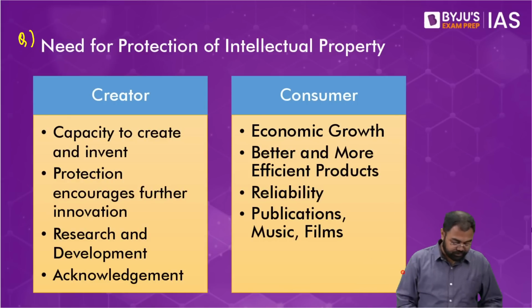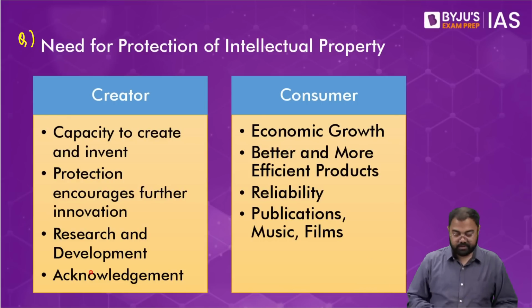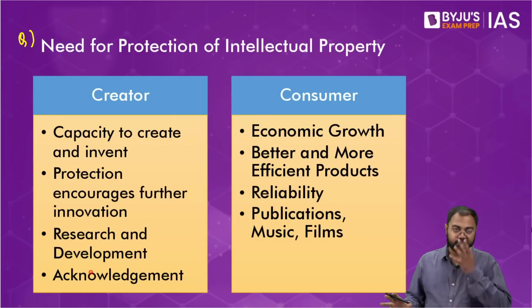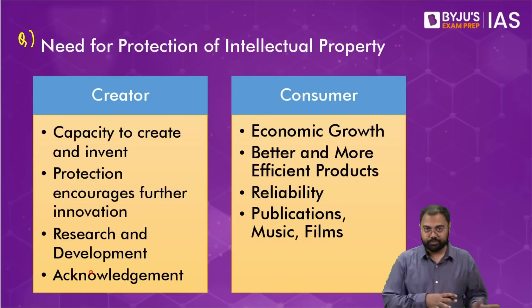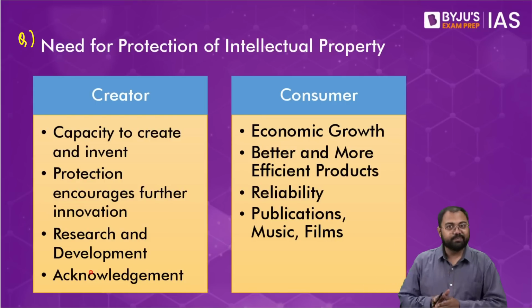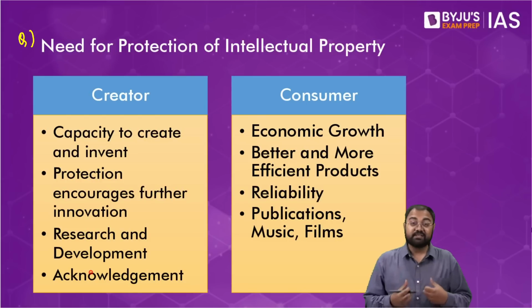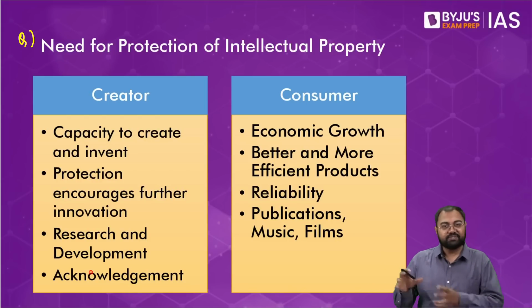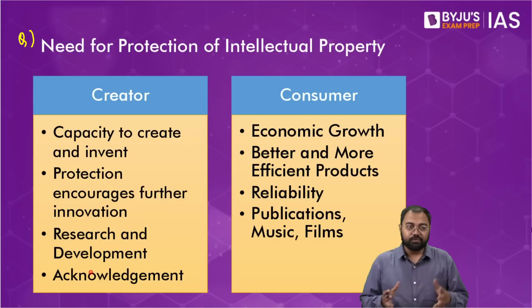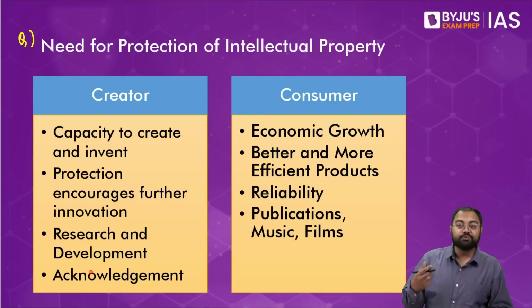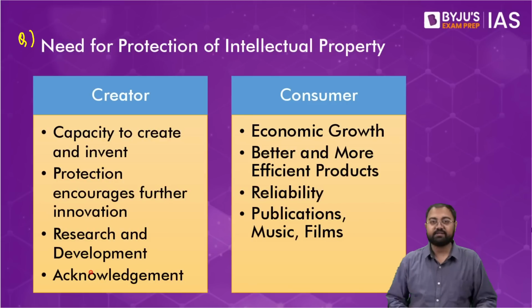So first and foremost, when it comes to the need for protection, there are two ways in which we need to think of it: one from the perspective of the consumer, and secondly from the perspective of the creator. The creator's perspective is still easy to understand, because somebody has put in a lot of effort to make something, so obviously give them some kind of protection for what they have done, and maybe they'll be able to use it commercially and get something out of it.